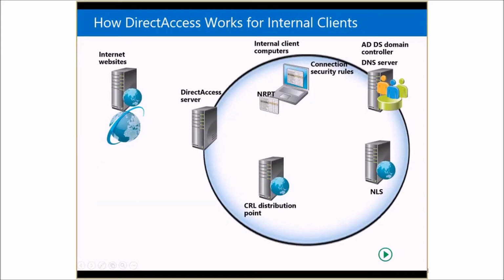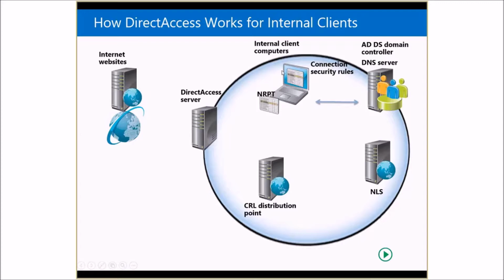So how does direct access work for internal clients? So again, let's just identify what these things are. We've got internet websites, we've got a direct access server, we've got internal clients with connection rules, an Active Directory, a network location server, a client resource locator distribution point.